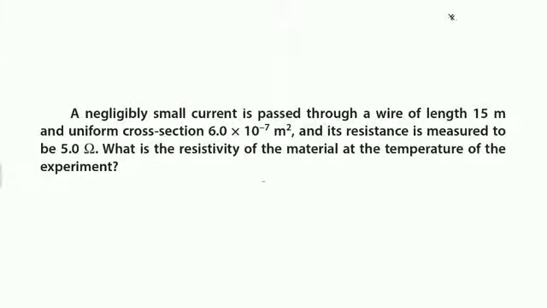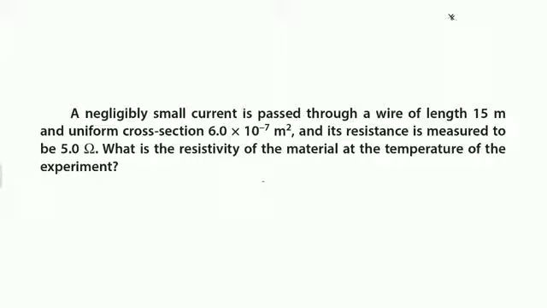Example 2. A negligibly small current is passed through a wire of length 15 meter and uniform cross section 6.0 into 10 power minus 7 meter square, and its resistance is measured to be 5.0 ohm.